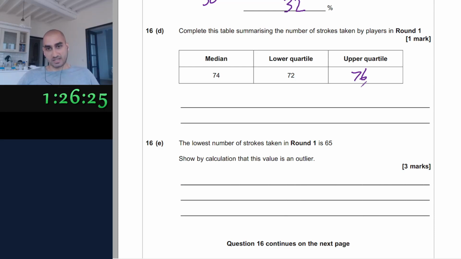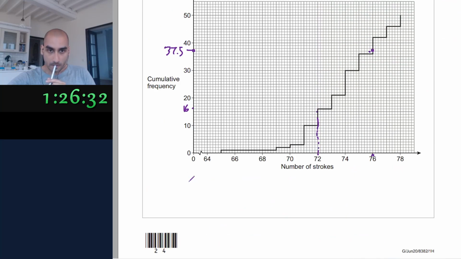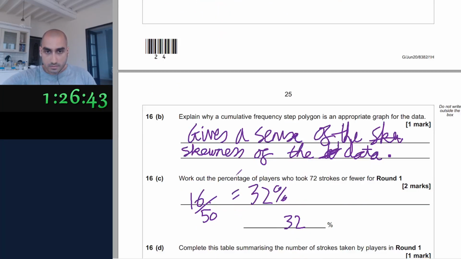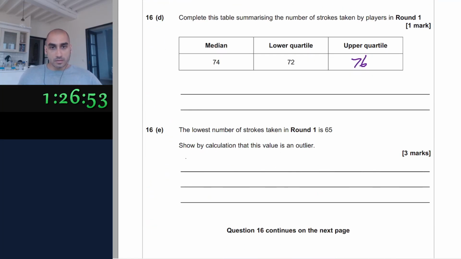Okay, so we find the percentile. 65 is 1. 1 out of 50 equals 2%.